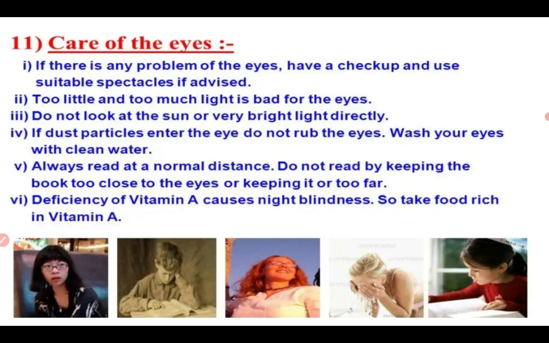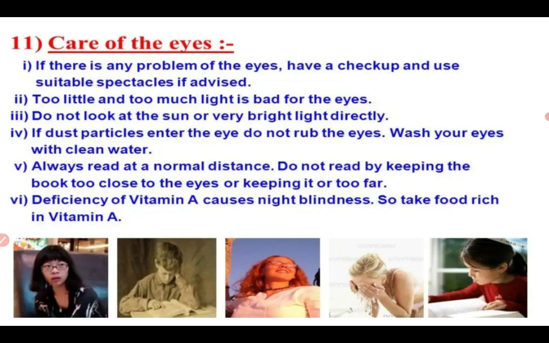After that we have to study how we can care for our eyes. The eye is a very sensitive organ, so we have to take care of our eyes. First, if there is any problem with the eyes, we have to go to the doctor, and we should not study in very dim light or in very bright light.